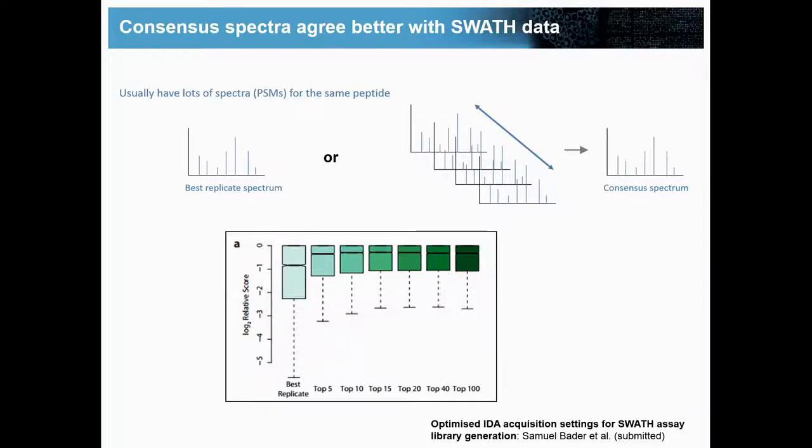But we found when we went to PRM, where you get a spectrum all the way across the peak, that the best spectrum method that was probably used there was picking really noisy spectra because they happen to match to each other really well. So now we've changed to an algorithm that consistently in PRM picks the apex spectrum.